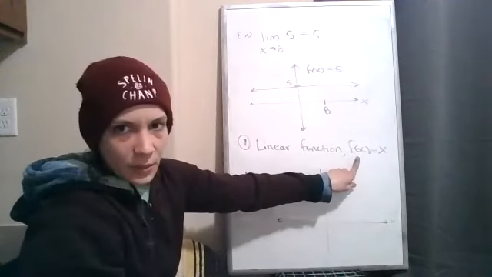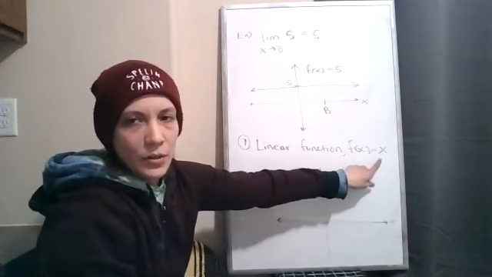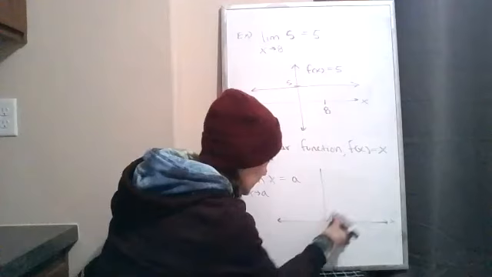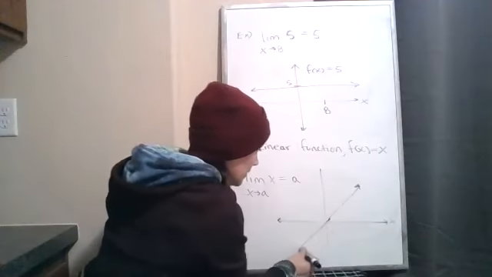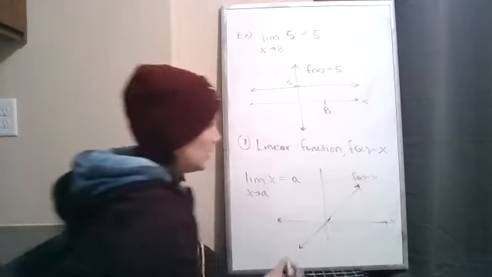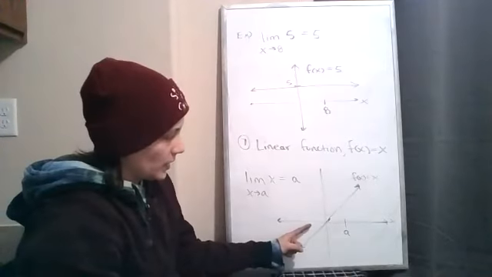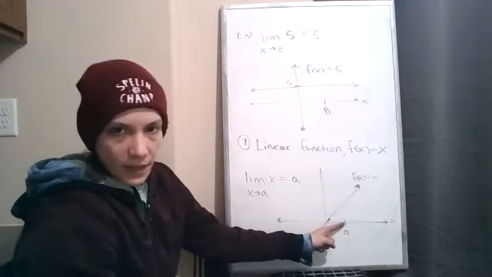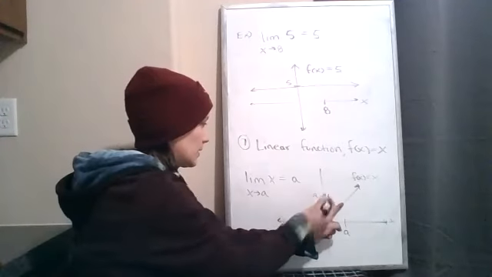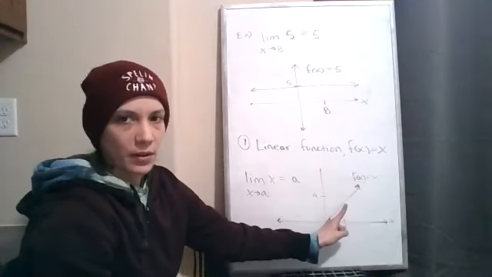The line f of x equals x has a slope of 1 and goes through the origin, so 0, 0, up 1 over 1. And you're approaching a. As x goes to a, f of x goes to a. As x goes to a on the right side, f of x is approaching a on the right side.